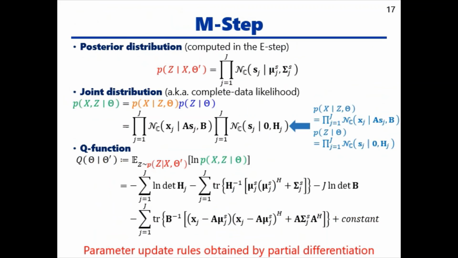The M step uses a Q function defined by this equation. To calculate this, we need the posterior distribution shown in red and the joint distribution shown in green. Please note that we have already computed the posterior distribution in the E step, as shown here. As for the joint distribution, it decomposes into the product of the prior distribution and the likelihood, as shown here.